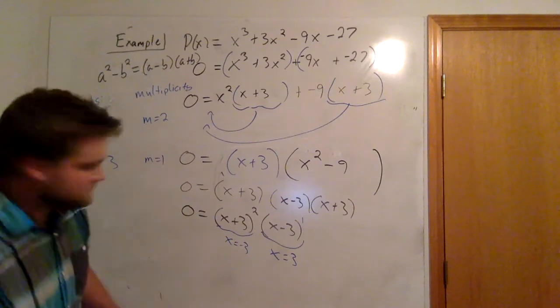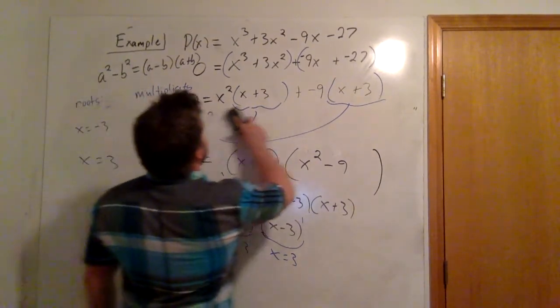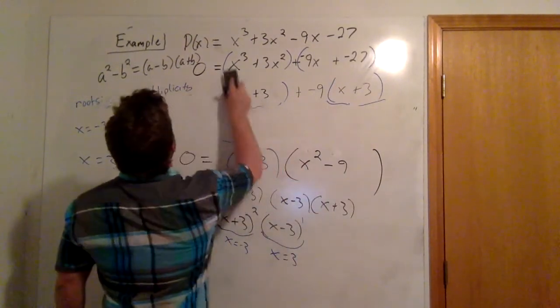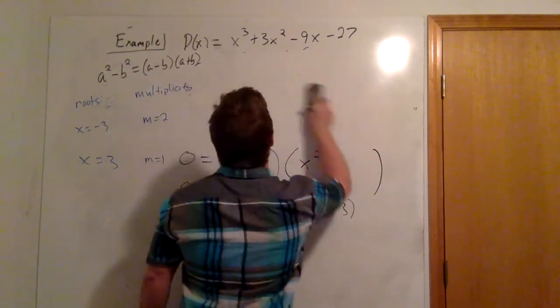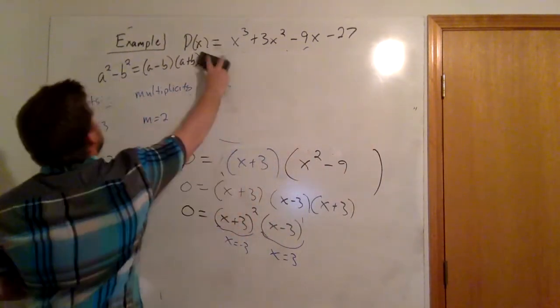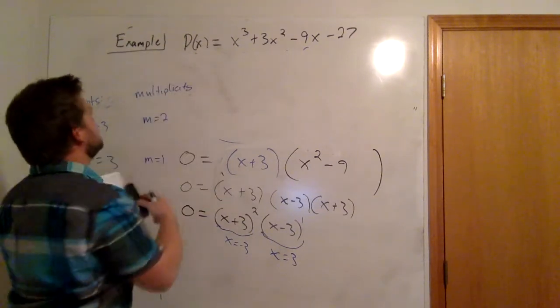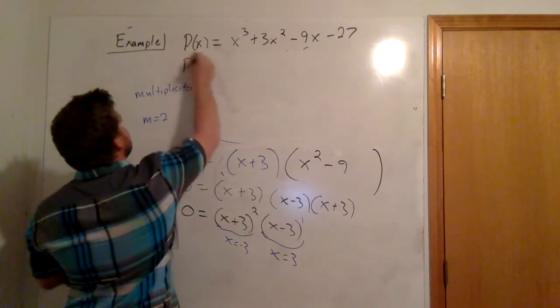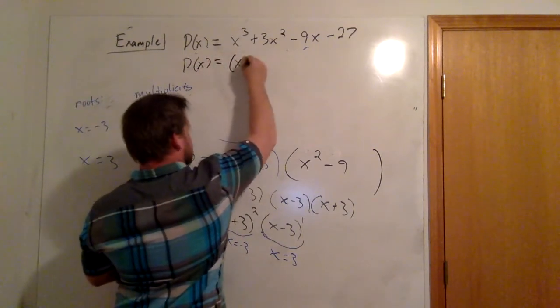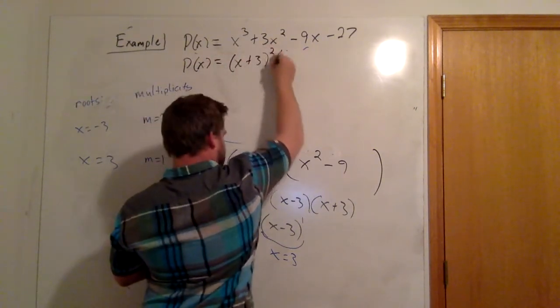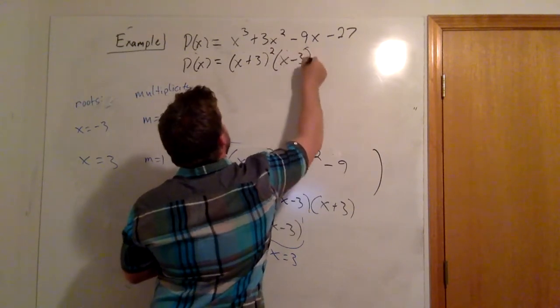Okay, let's graph this. So we have p of x. I'll leave it in its factored form. It's factored to x plus 3 squared times x minus 3.